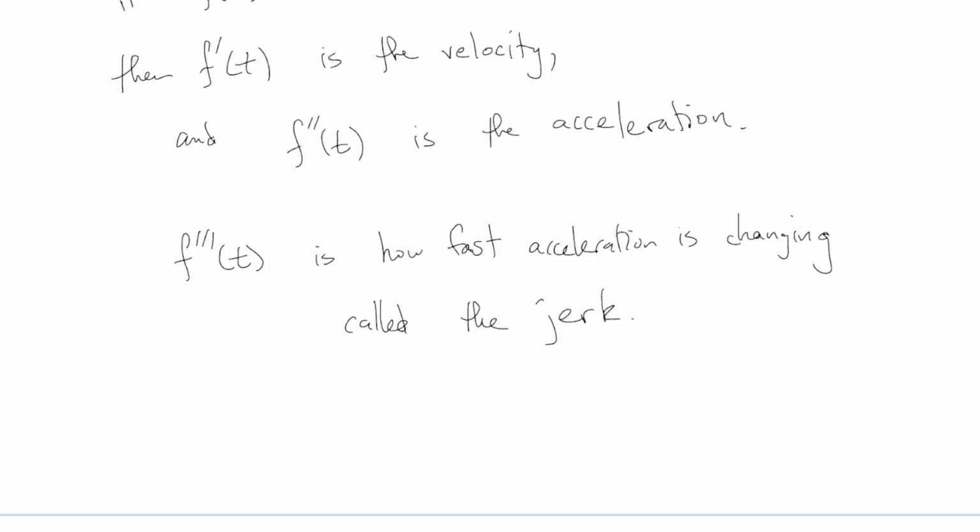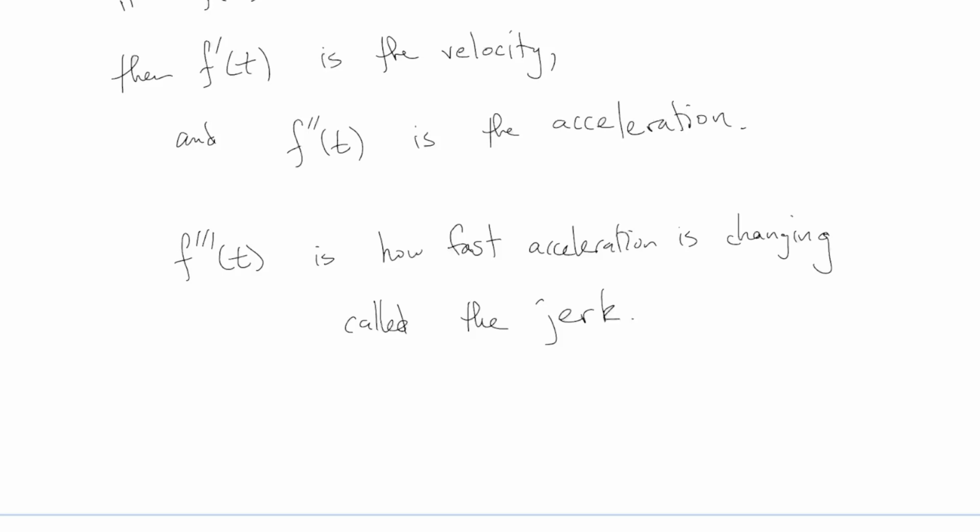What about the jerk? This is about acceleration changing rapidly. That means something like the car is accelerating really hard and then suddenly decelerating really hard and then accelerating again. What do you feel like then? You do this. That's why it's called the jerk, because it makes you jerk around.